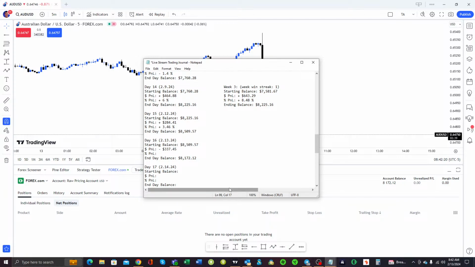Let's see what percent that is. Okay, we lost 3.97% today. 3.97%. Okay, so we will be back tomorrow.